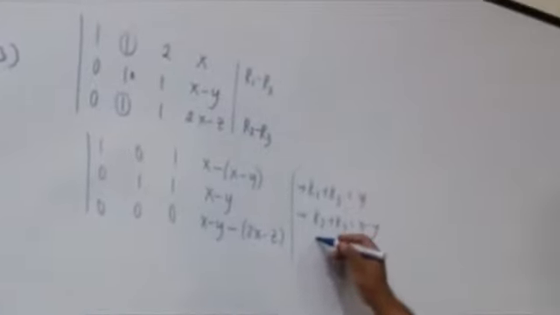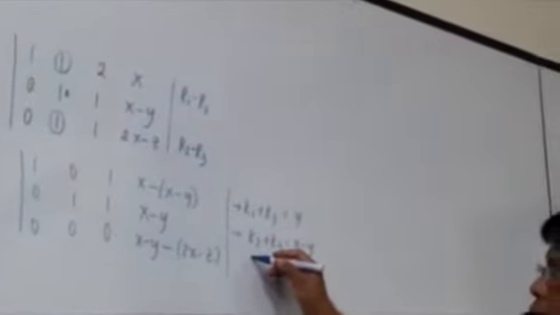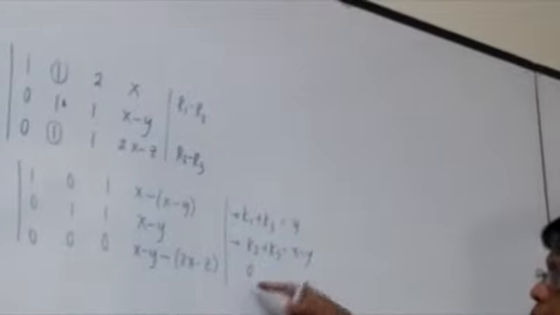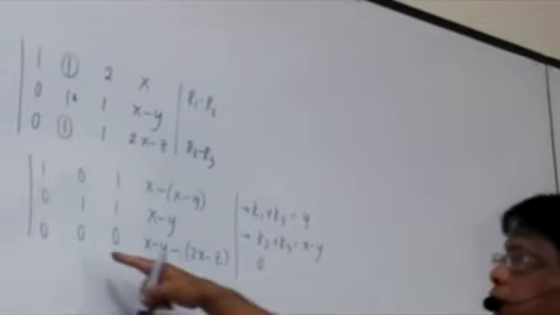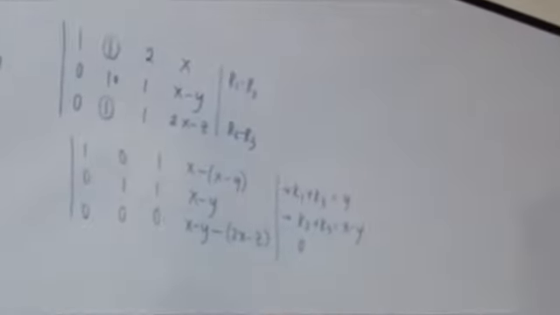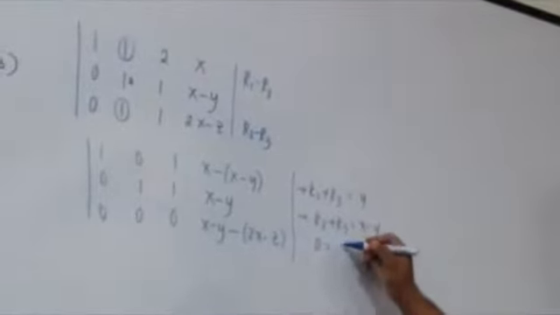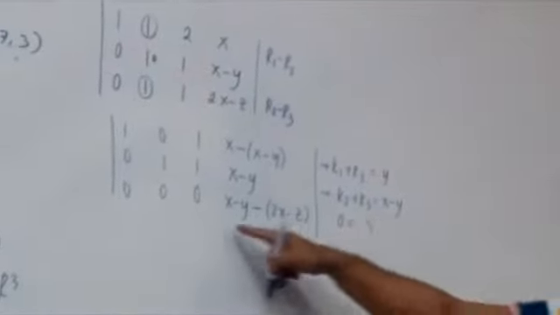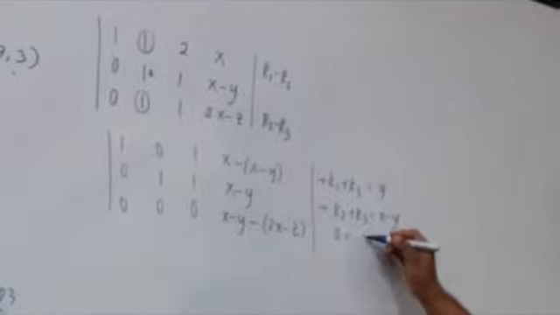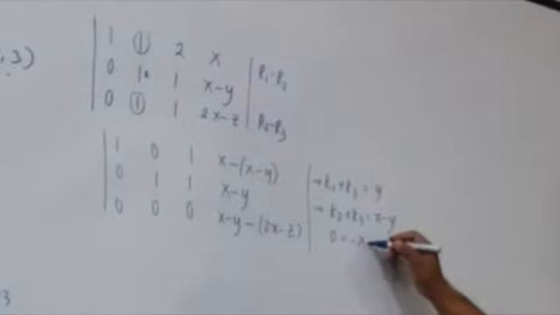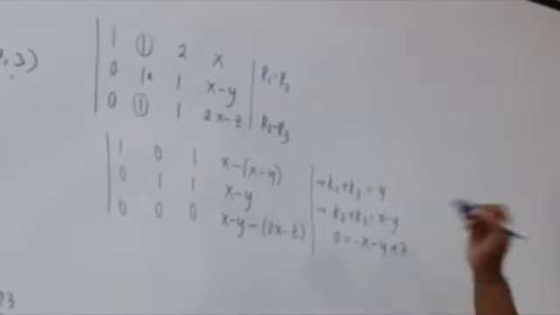Now, with regards to the third row, this transforms to an equation in the linear system. So that is now 0 K1 plus 0 K2 plus 0 K3 is equal to 2x minus z minus x plus y.